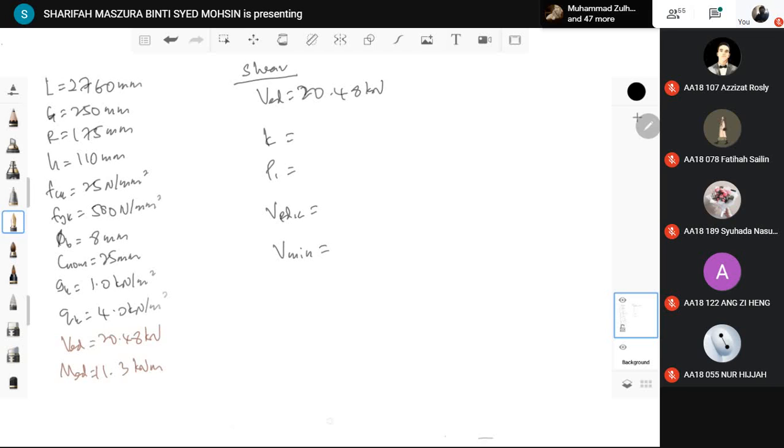So for k value, what do you get? 1 plus square root of 200 divided by d.